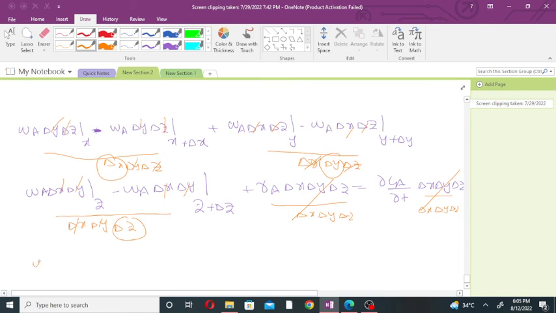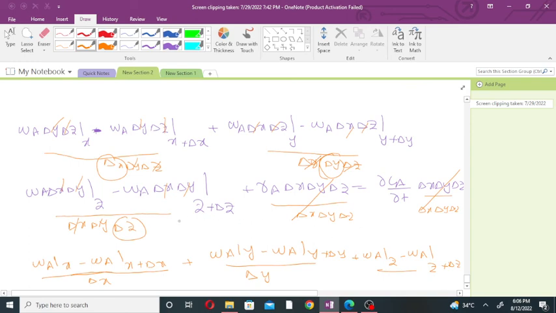So the final equation will be WA at x minus WA at x plus delta x divided by delta x, plus WA at point y minus WA at point y plus delta y, divided by this delta y, plus WA at point z minus WA at point z plus delta z, divided by this delta z.